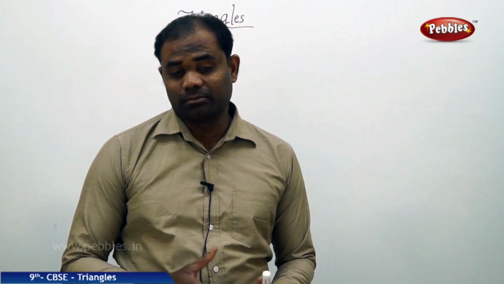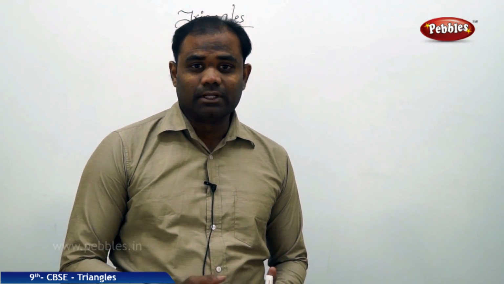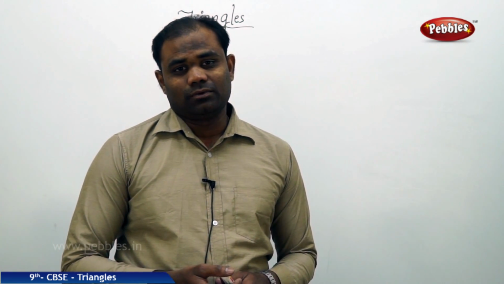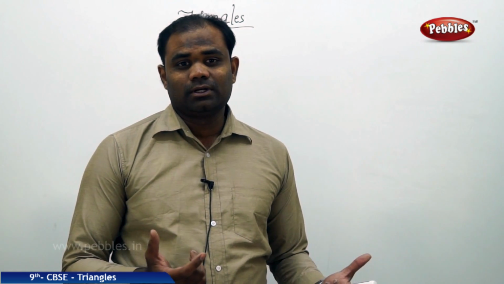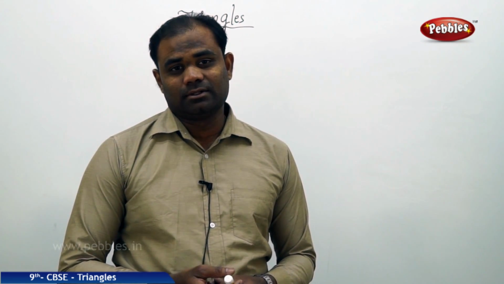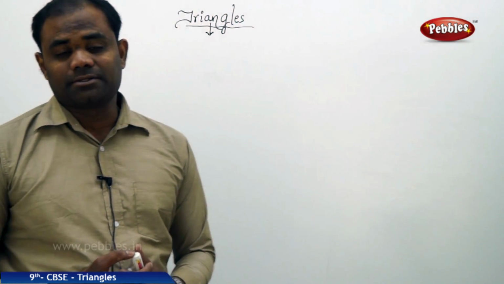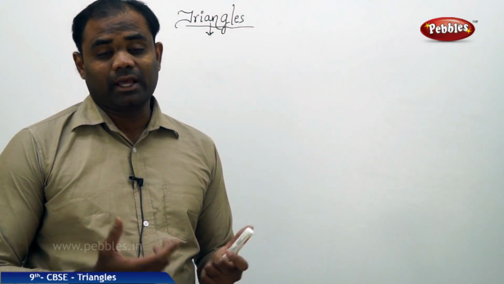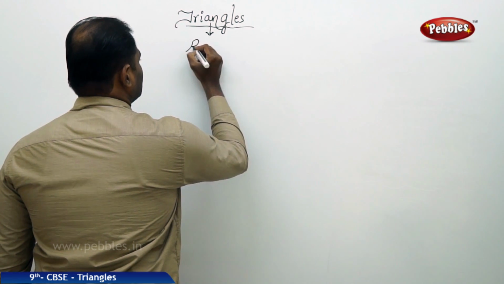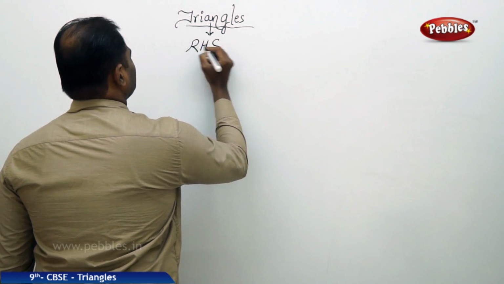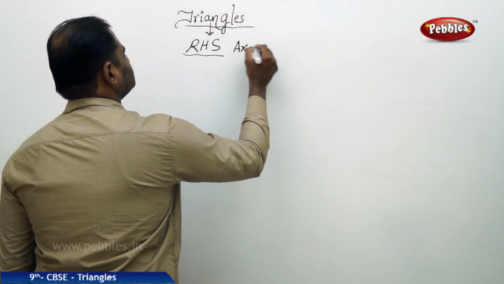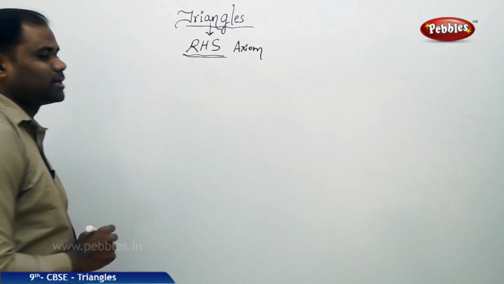Now that we have seen the various types of axioms which prove the congruency of two triangles with their own respective rules and properties, now let's see exclusively when we consider two right-angled triangles. The congruency proved through the properties used for two right-angled triangles. So the RHS axiom is derived for two right-angled triangles. RHS. R stands for right angle.